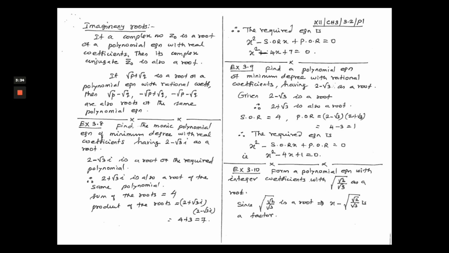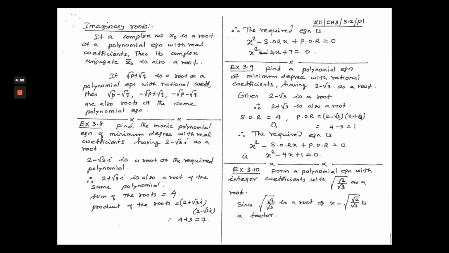Next, example 3.9. Find a polynomial equation with minimum degree with rational coefficients having 2 minus root 3 as a root. Okay, 2 plus root 3 is also one of the roots.